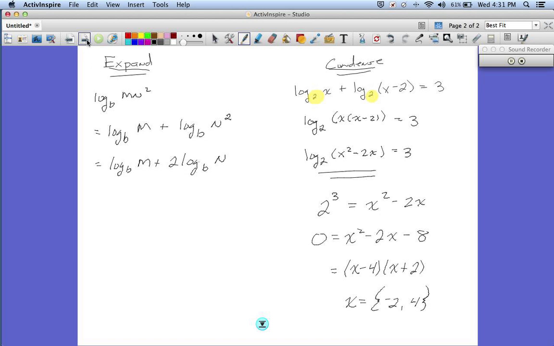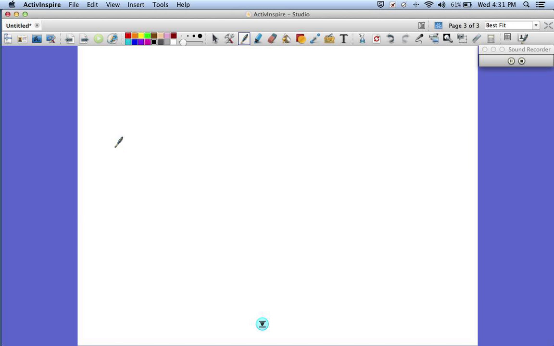Let's take one with a few more numbers in it. Let's say you're asked to simplify. This will be our last example for today. Simplify log 45 minus 2 log 3. So you have to recall our properties do go back and forth, left to right or right to left. So I see a number in front.